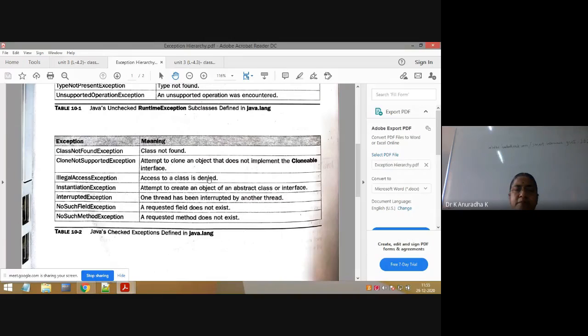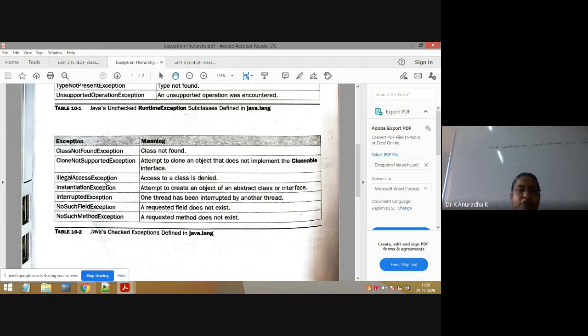That's why all the exception classes in the hierarchy are available in the java.lang package, and the compiler will provide that statement for all programs in Java.